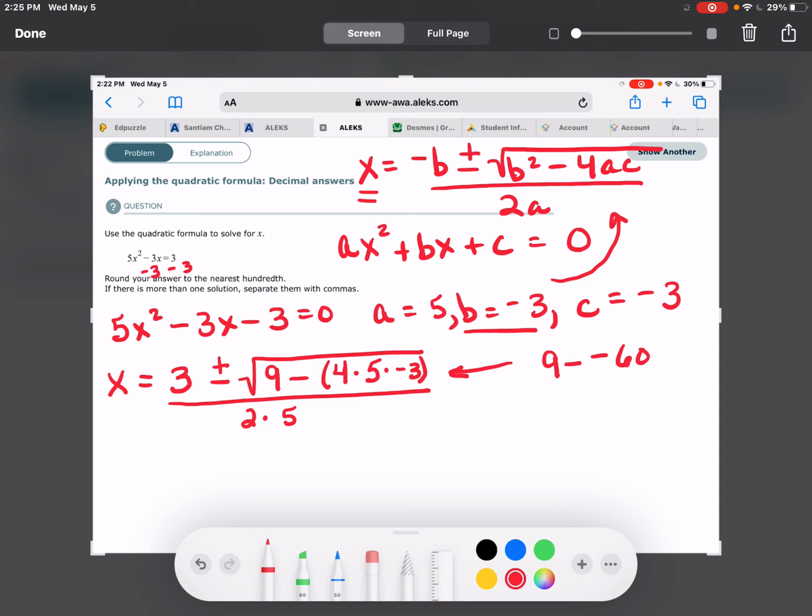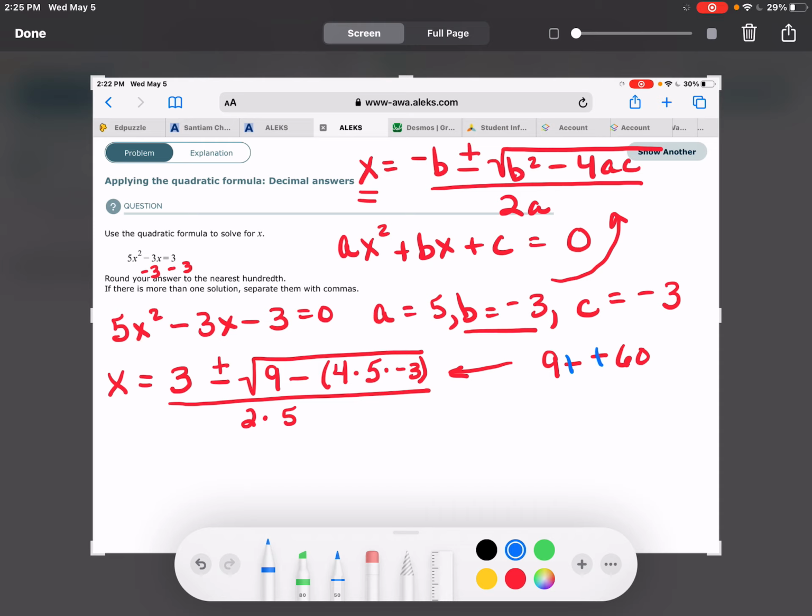And 9 minus a negative 60 is 9 plus 60, or positive 69.